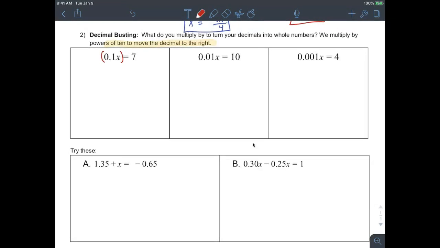Since there's only one digit after the decimal place, we're going to multiply by 10. I have to multiply by 10 on both sides. So what that does is it moves the decimal over one space to the right. So I get the 0.1 becomes 1x is equal to 70. So x is equal to 70.